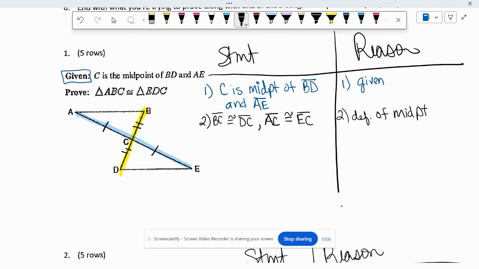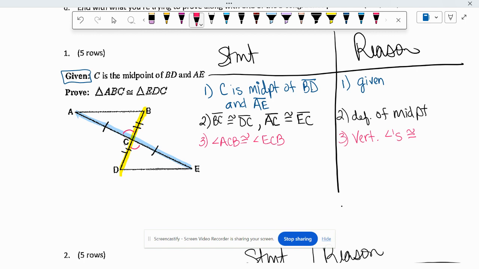How do you know that those angles are congruent? They're vertical. Yeah. So let's say that. We know that these two angles are congruent. So that's going to be our third statement. Angle ACB is congruent to angle ECD because vertical angles are congruent.